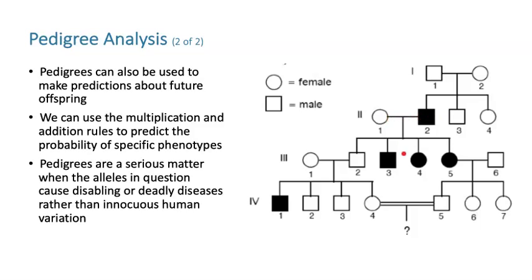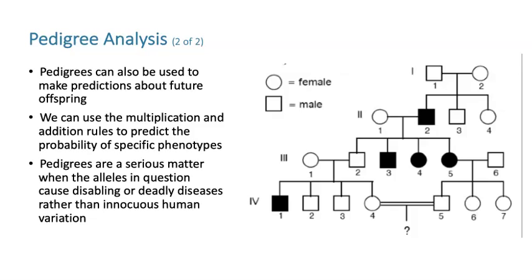So anything that's colored in, like you see here for this square, this male individual here, we say that they have the trait. And this female here has the trait, right? The ones that are not colored in lack the trait. They don't have the trait.